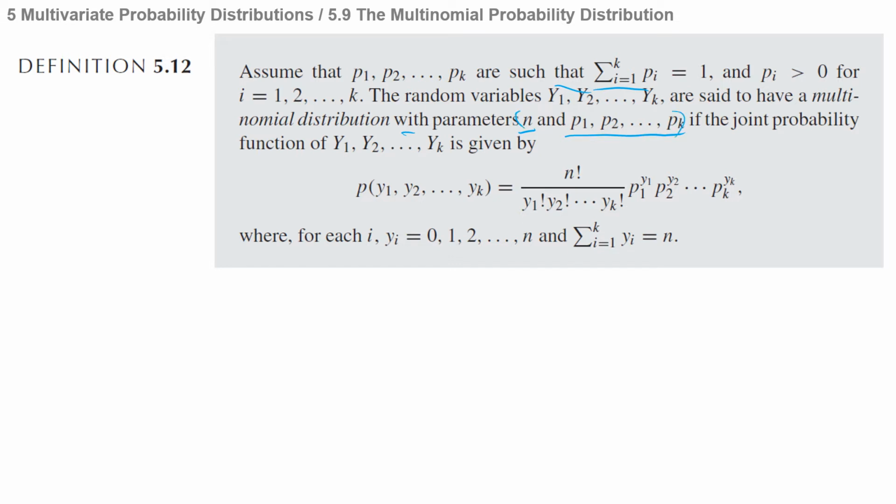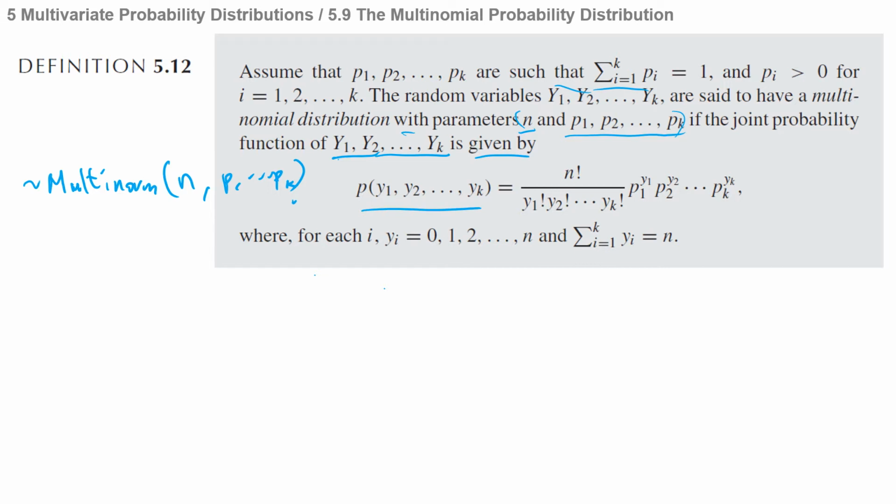Okay, so we say multinomial distribution with n, p_1 to p_k if it follows the multinomial distribution, and the joint probability function for y_1 to y_k is given by this one.